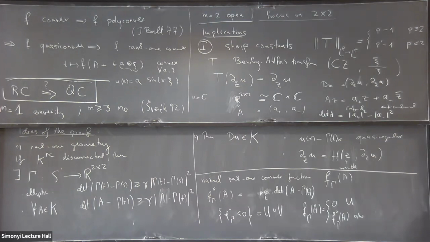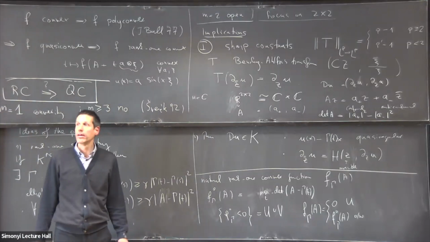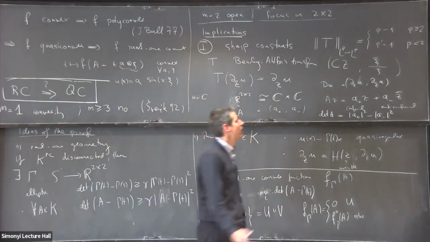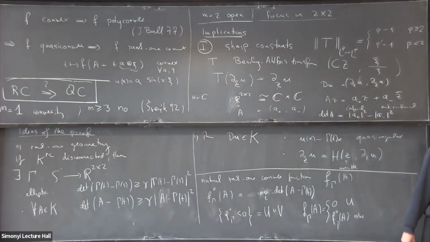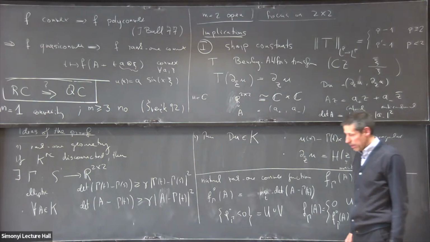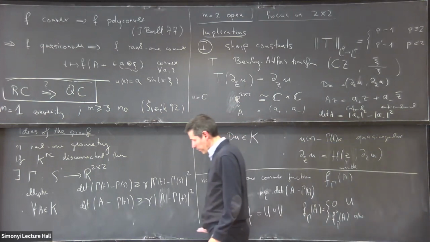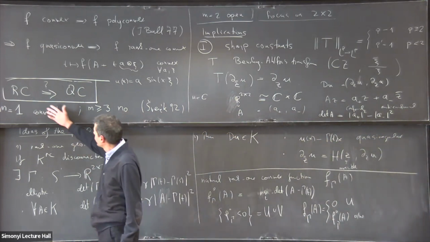And then you gave some applications to sharp constants in Calderón-Zygmund operators. But in your problem of mapping the convexity of the set K in the matrices, I would say you're getting by with rank 1 notions. Yes.